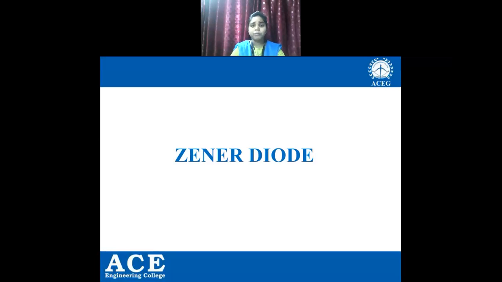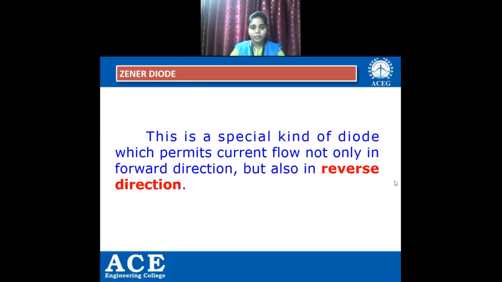But whenever we are talking about Zener diode, it allows current to flow in reverse direction also. That is why we are naming our Zener as a special type of diode. This is a special kind of diode which permits current to flow not only in forward direction but also in reverse direction.